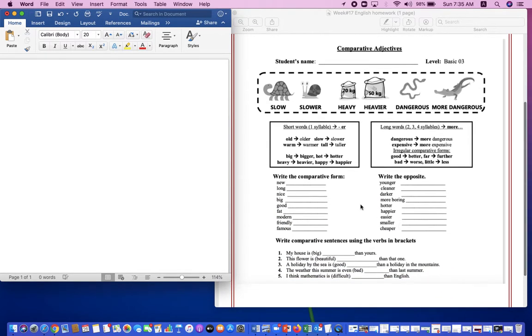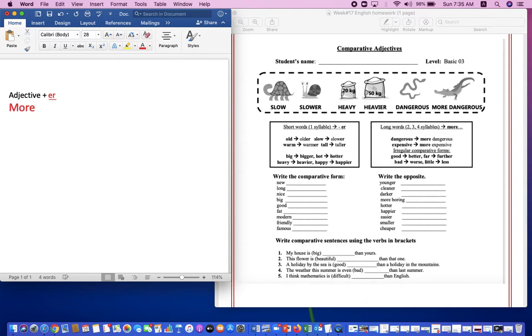The comparative form depends on one thing: you get an adjective and you add -er to it. If you can't add -er because the adjective is too long, you will put more.